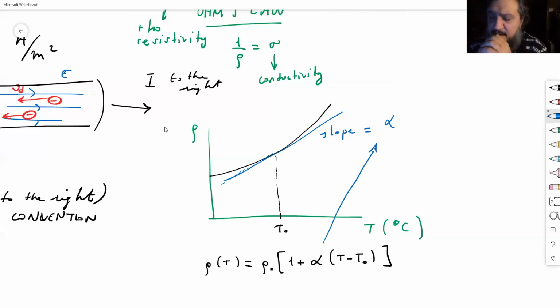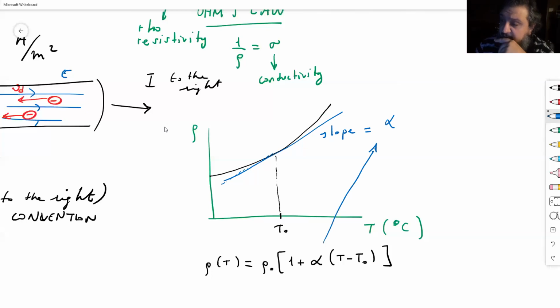That's for regular metals. For semiconductors that you would find in microchips or transistors, it's the other way around. It decays. And there are also superconductors. When you go below a certain temperature, resistivity becomes 0.